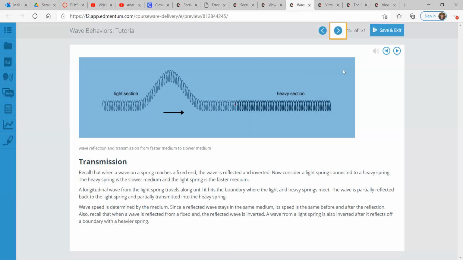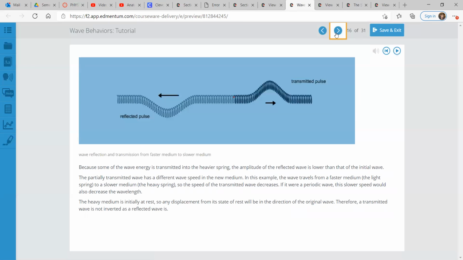A wave from a light spring is also inverted after it reflects off a boundary with a heavier spring. Because some of the wave energy is transmitted into the heavy spring, the amplitude of the reflected wave is lower than the initial wave.